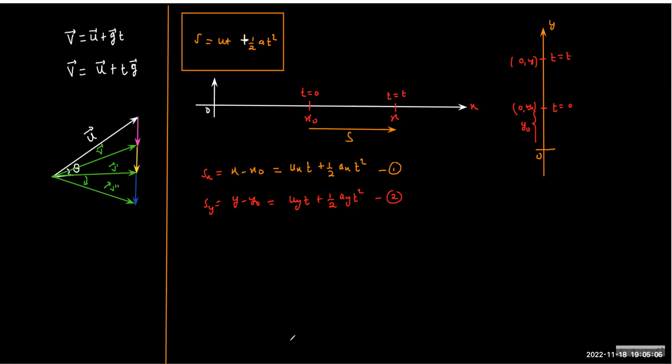Who will tell? Rugved, do you remember how to write displacement as a vector? Harry, tell me. Do you know? s_x i plus s_y j. No. How to write displacement in vector notation? What do we write?